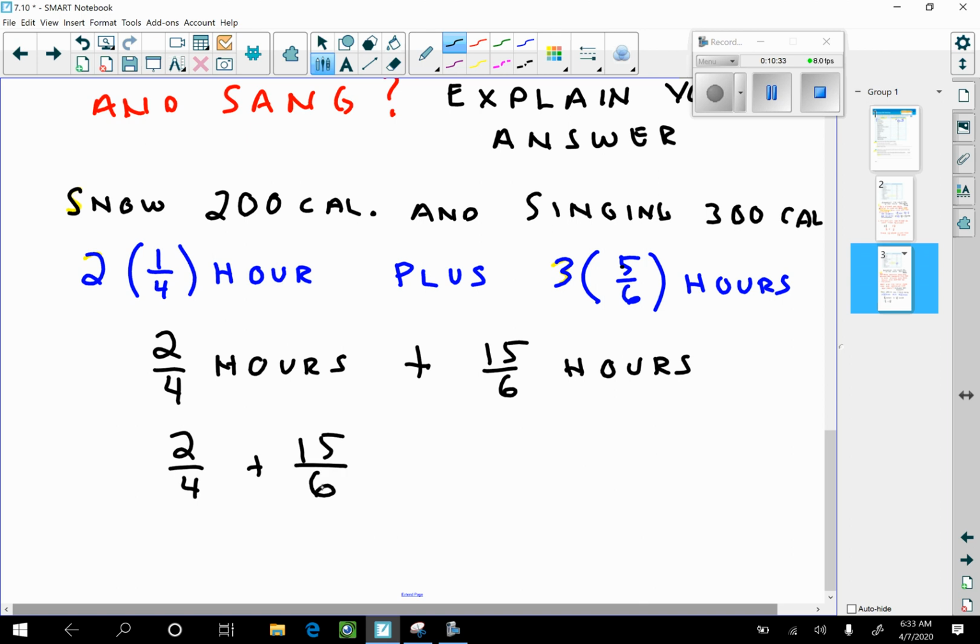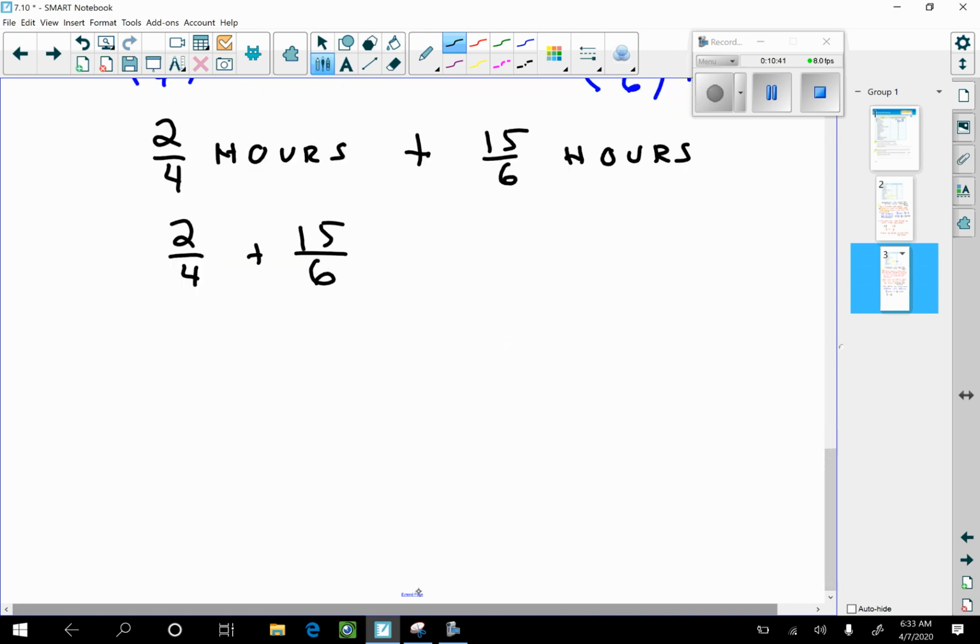And in order to do that, we know we have to have like denominators. So I want the least common denominator. An easy way to do it is I can use 4 times 6, which is 24. So I'm going to multiply 2/4 by 6 over 6.